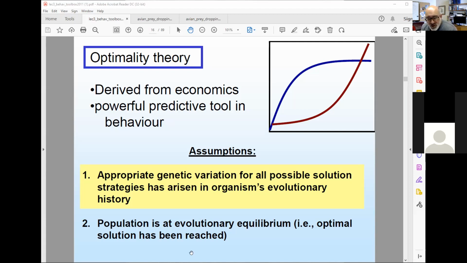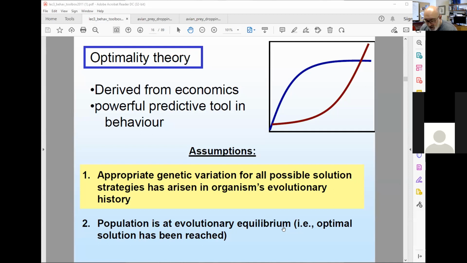The other assumption is that the population is at an evolutionary equilibrium. And what that means is that the optimal solution has been reached. That is, that the existing population of animals that you're looking at are adapted for the environment that they're in, and therefore that means that the way they're behaving is already optimal. Now, there are reasons for these assumptions to be violated, right?